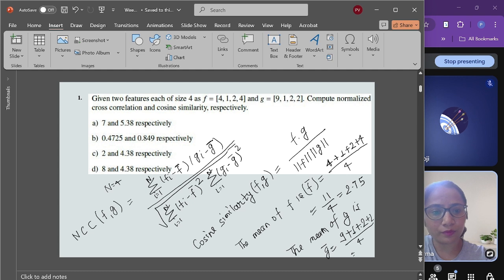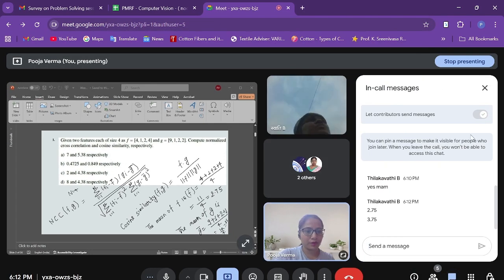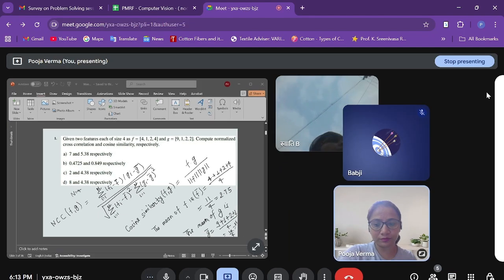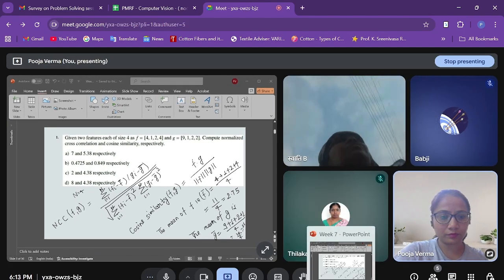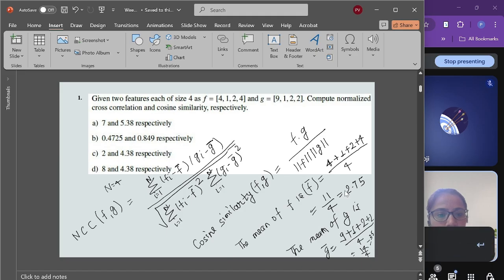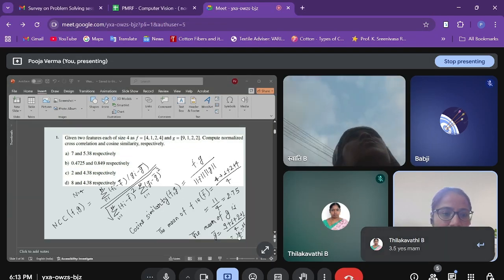So 14 by 4, right? What value will you get? 3.5. Not 7.5, it is 3.5.